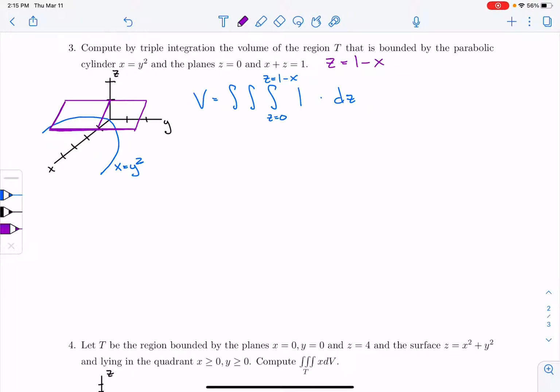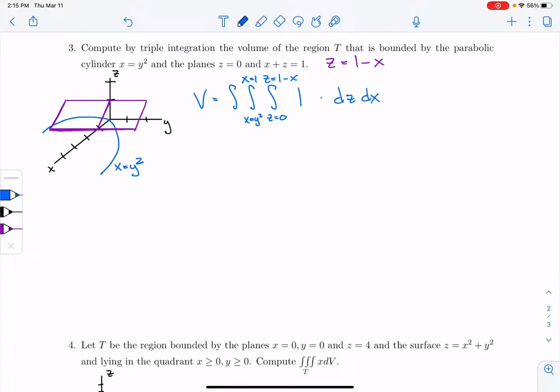So I'm going to integrate from x equals y squared out to x equals 1, because at x equals 1, that's where z is equal to 0. That's where we've hit the xy plane. So I'm going to integrate that dx.